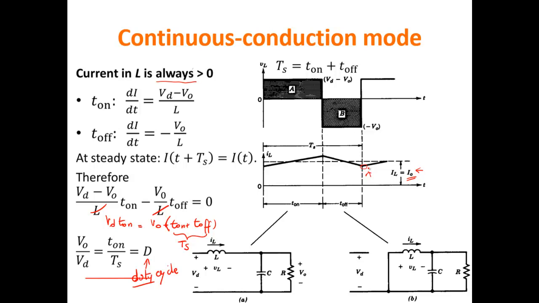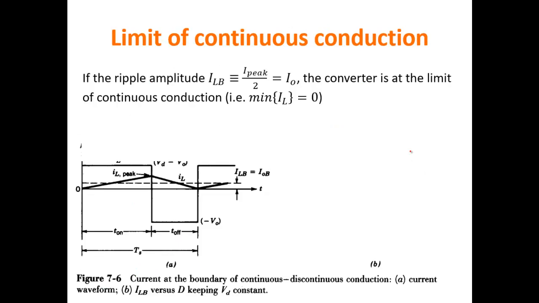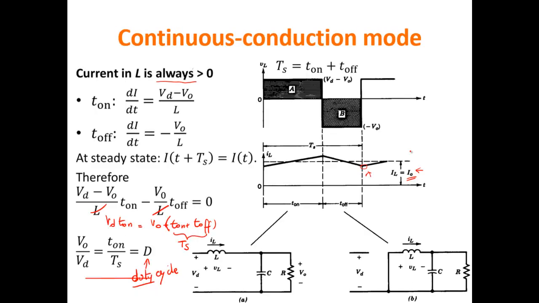Let's see exactly what is happening. For the moment, just imagine that the average output current is going down because the load is requiring less and less current.